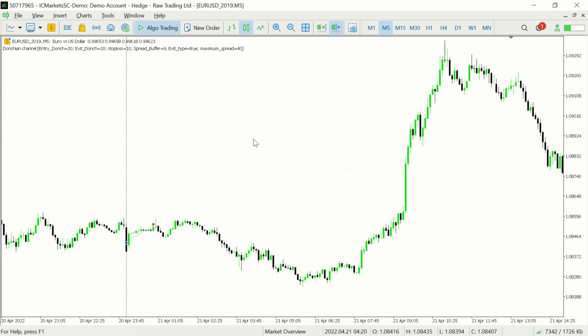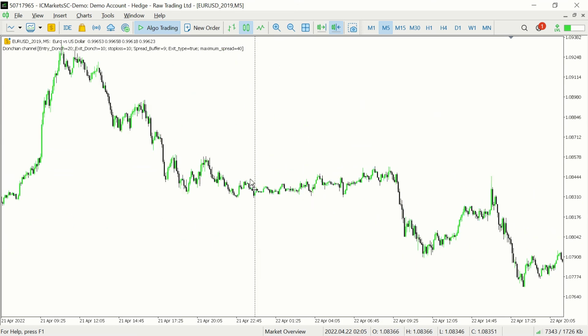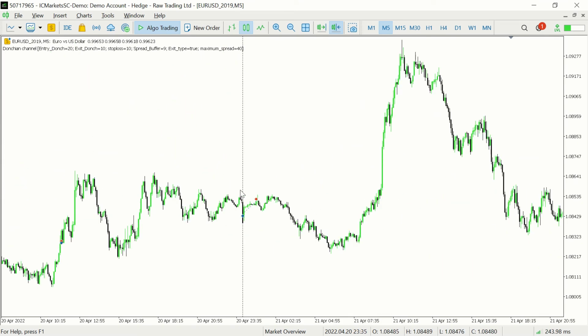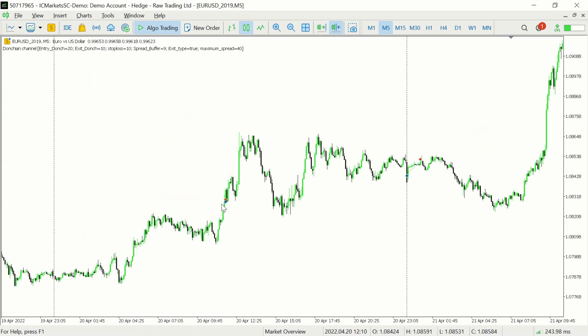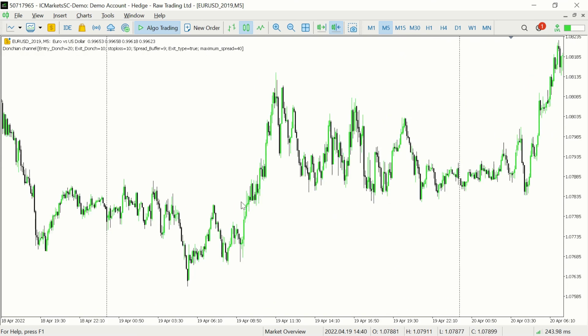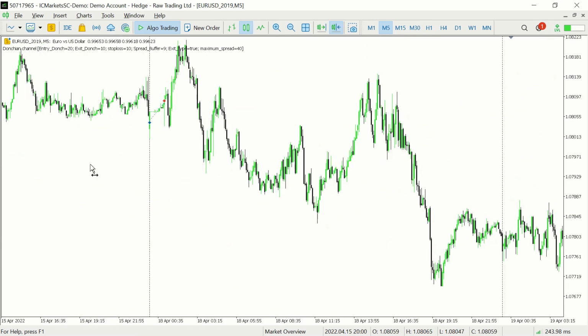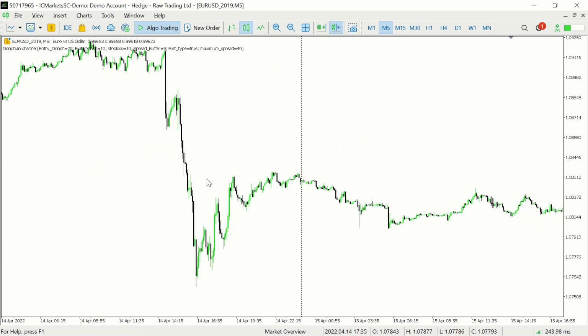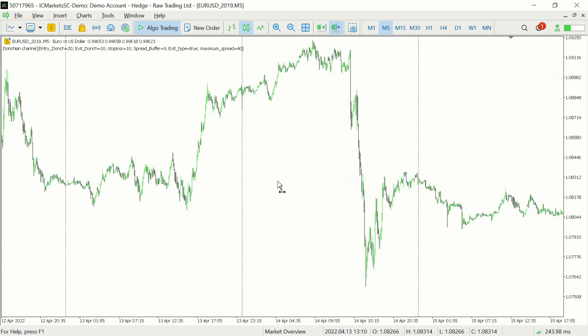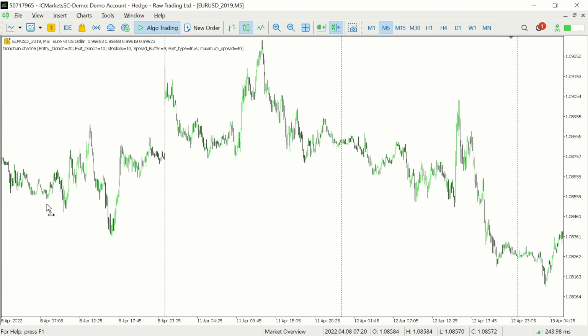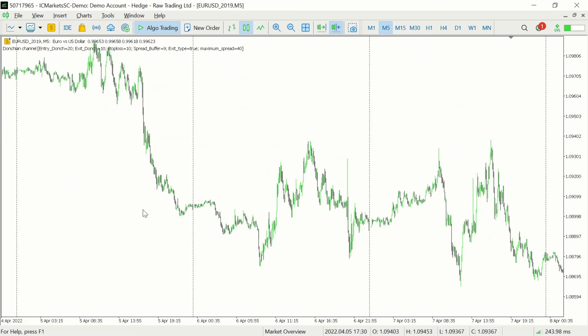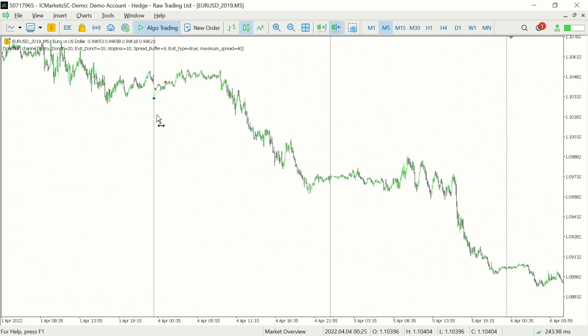Let me just find one last trade. So you'll realize that it doesn't take a lot of trades. For example, this is one here, another one there. It doesn't take a lot of trades, but when it does, they're quality trades. Let me find another one.